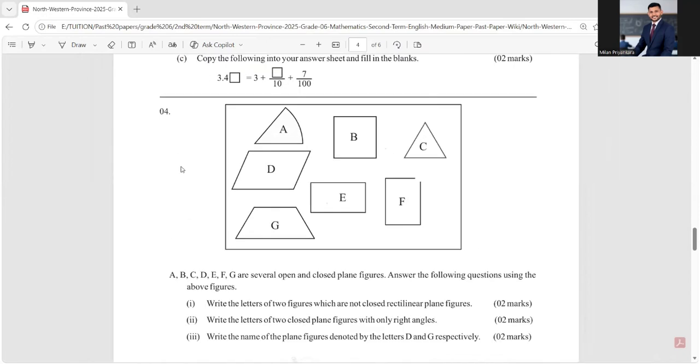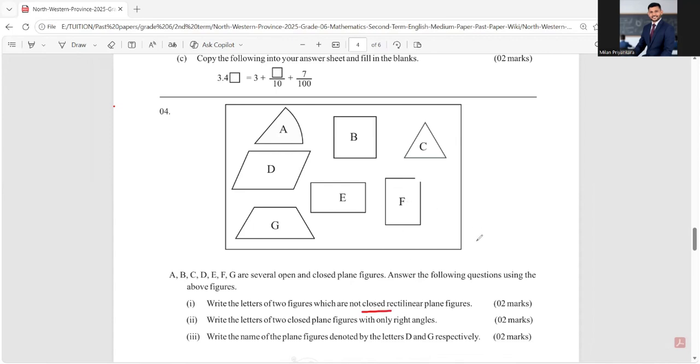Okay. In the fourth question, A, B, C, D, E, F, G are several open and closed plane figures. Answer the following questions using the above figures. Write the letters of two figures which are not closed rectilinear plane figures.